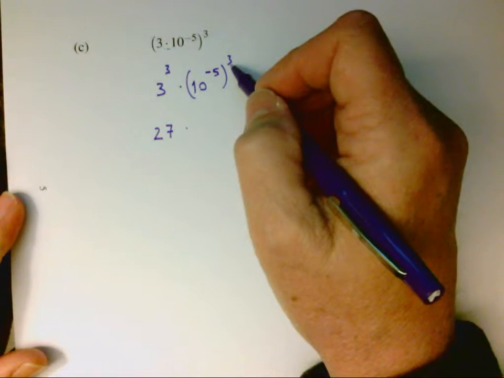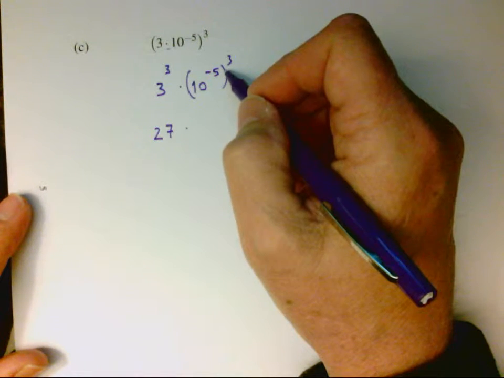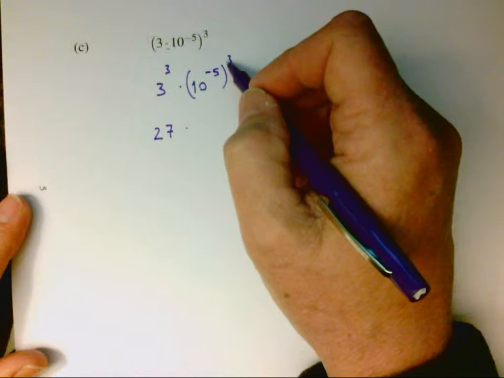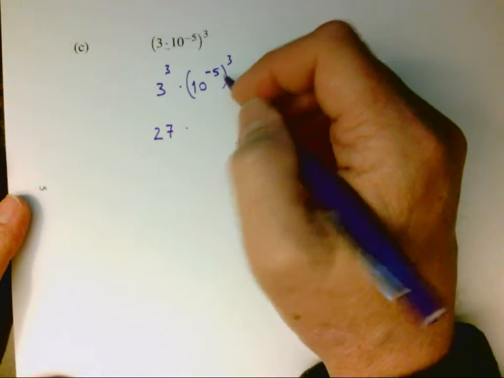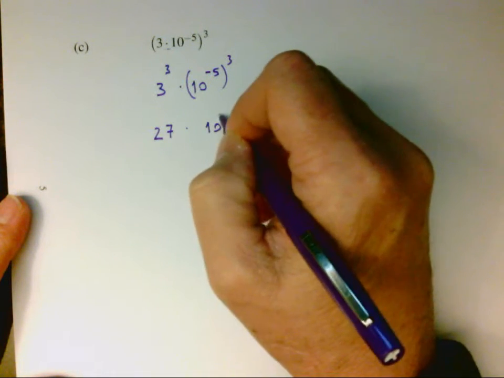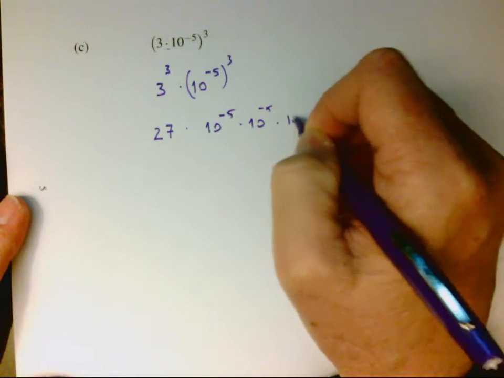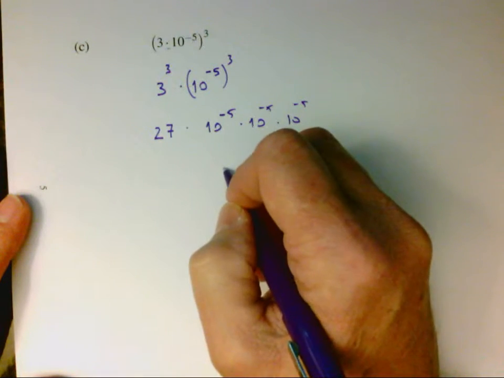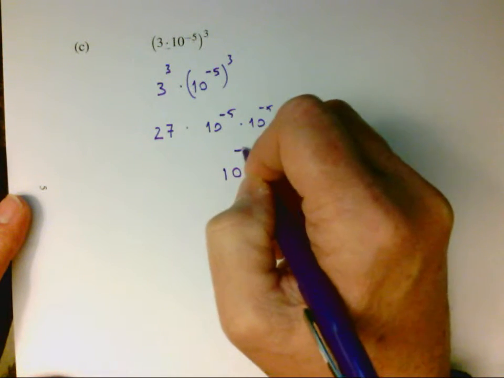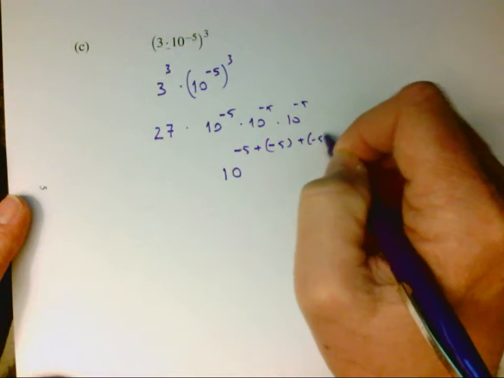Now here, we have 10 to the negative 5 to the 3 power. Well, that means 3 copies of 10 to the negative 5. So that's a 10 to the negative 5 times 10 to the negative 5 times 10 to the negative 5. And that's the same thing as negative 5 plus a negative 5 plus a negative 5.